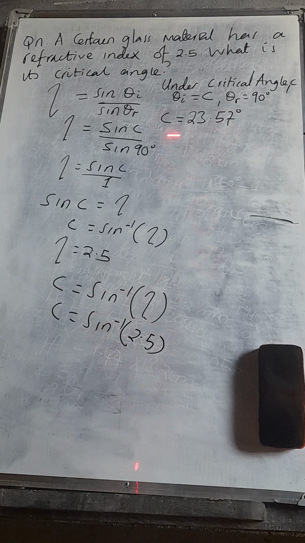Finally, you can get now the critical angle is equal to 23.57. Kwa hiyo ukiingizia in your calculator utaona kwamba critical angle unapata hiyo ambayo ni 23.57.